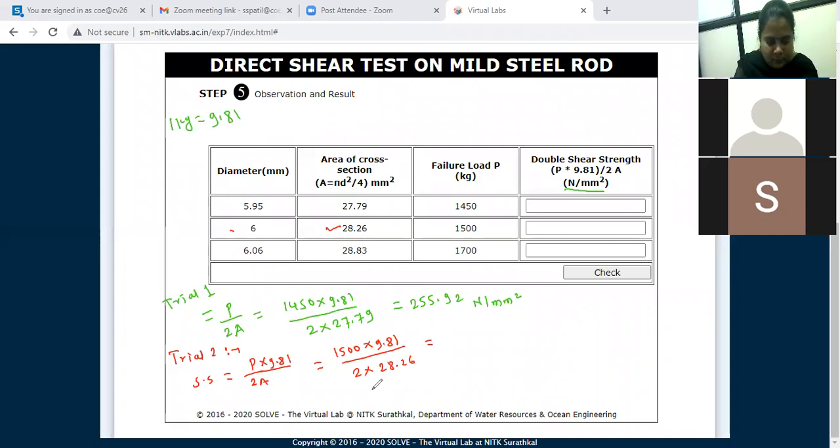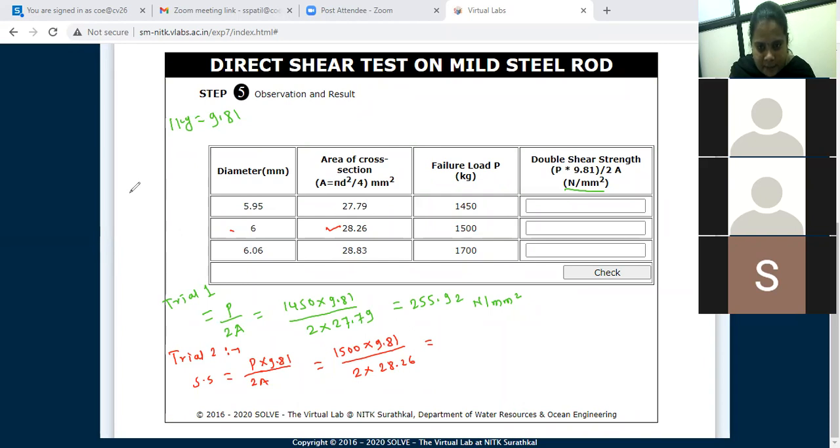It is 260.35 Newton per mm square. This is the shear strength for trial 2.